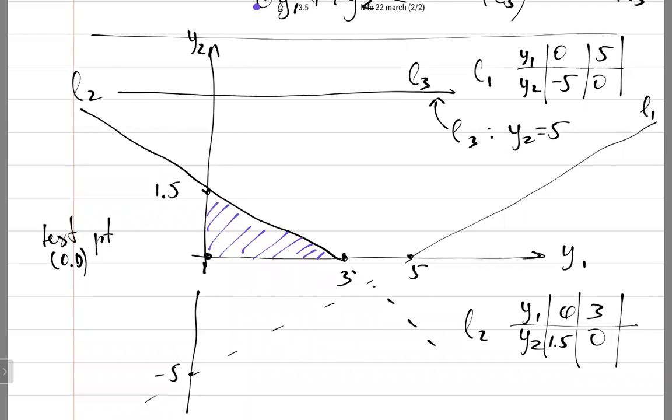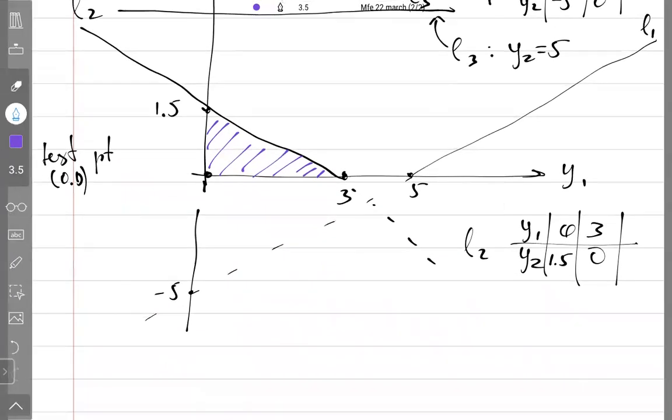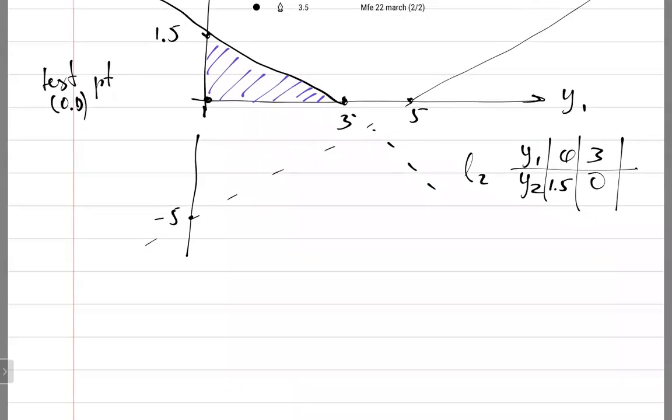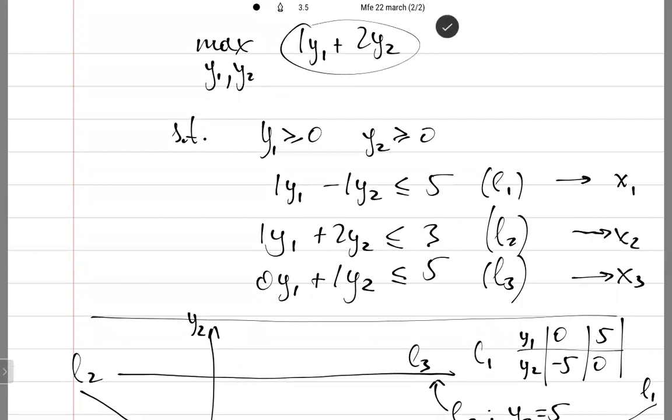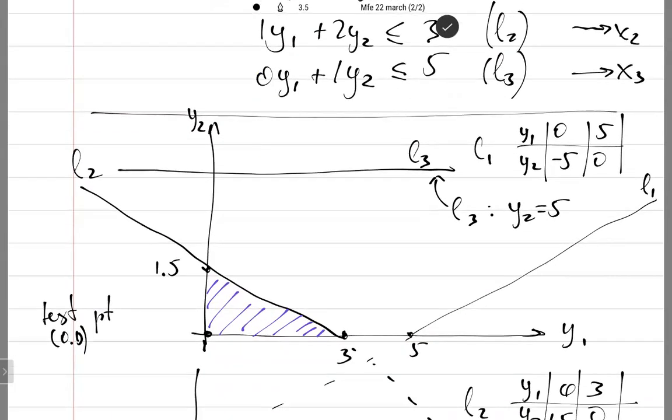That is my set. And then I need to optimize. What am I maximizing? I forgot. I'm maximizing y1 plus 2y2.